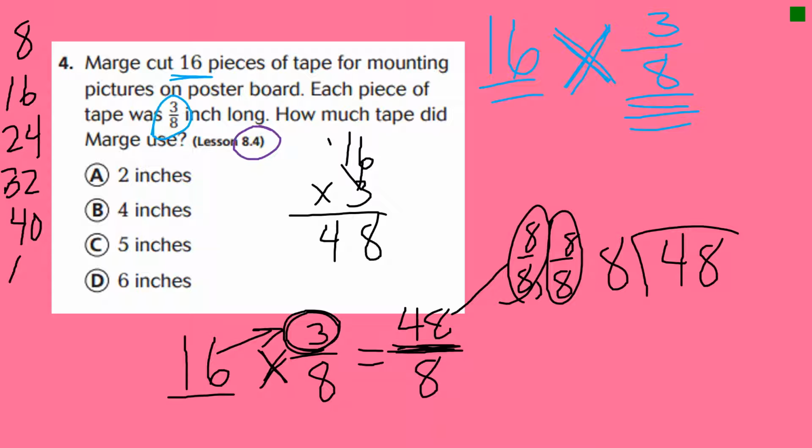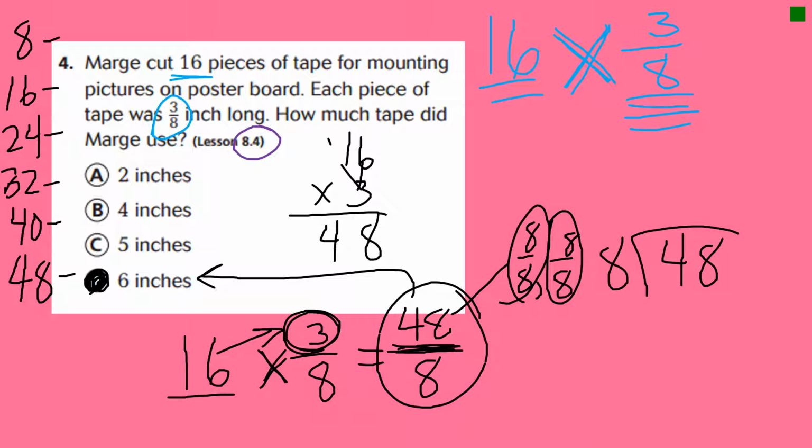What's after 40? 8 more. 48. 1, 2, 3, 4, 5, 6. So we can make 48 eighths. Not we can make. Marge has 6 inches of tape. 48 eighths is equivalent to 6.